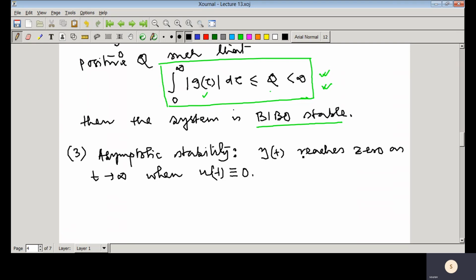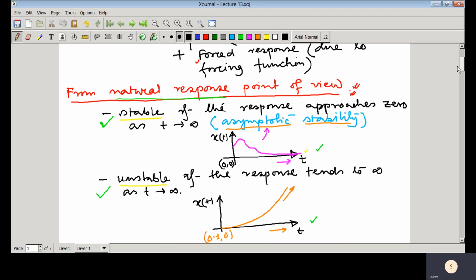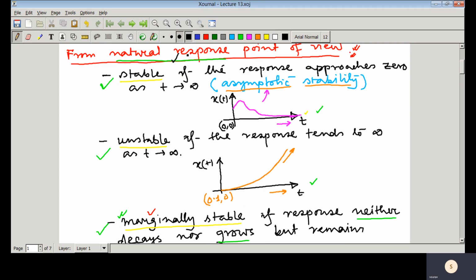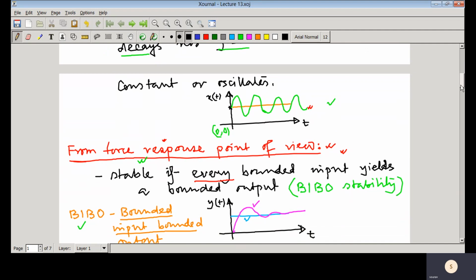So in case of LTI system, this is very important, because this asymptotic concept is actually in the natural response framework. You can see here the asymptotic stability is the notion that we have obtained from natural response point of view, and BIBO stability that we have obtained from forced response point of view.